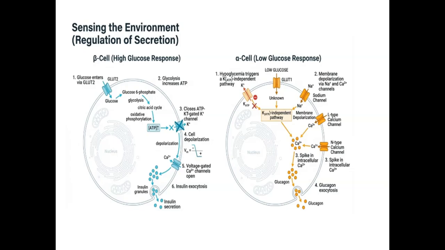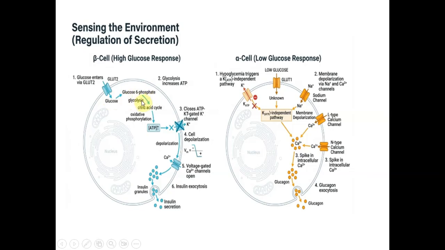Now, how do these cells know when to release glucagon and insulin? In the cells, high glucose enters via GLUT2 and increases ATP. I already told you in the last lecture about GLUT2 transporters. When glucose enters the cell, it is converted to glucose 6 phosphate.